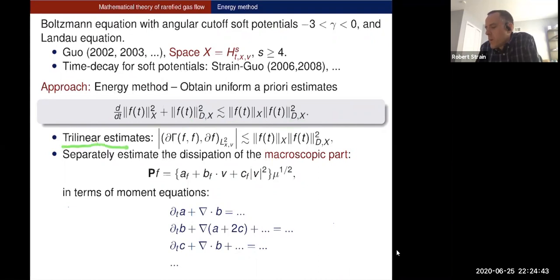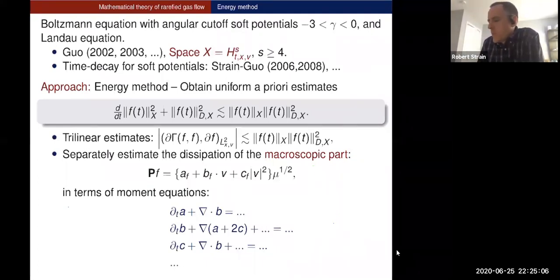And so he proved trilinear estimates. So you have derivatives of the nonlinear term, inner product with derivatives of f, and then you prove these trilinear estimates in terms of the X norm and the dissipation norm. And another key point in this work is to separately estimate the dissipation of the macroscopic parts.